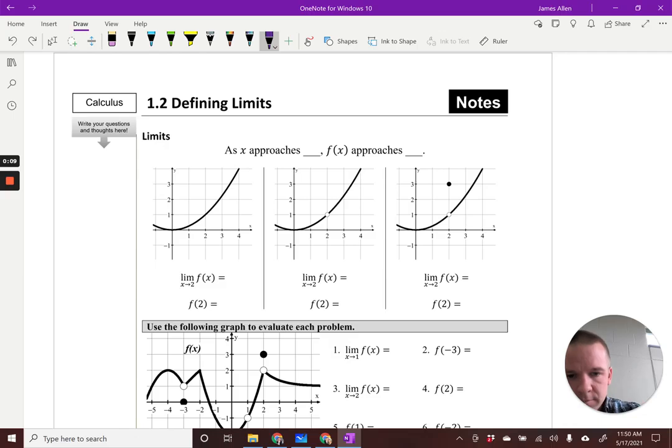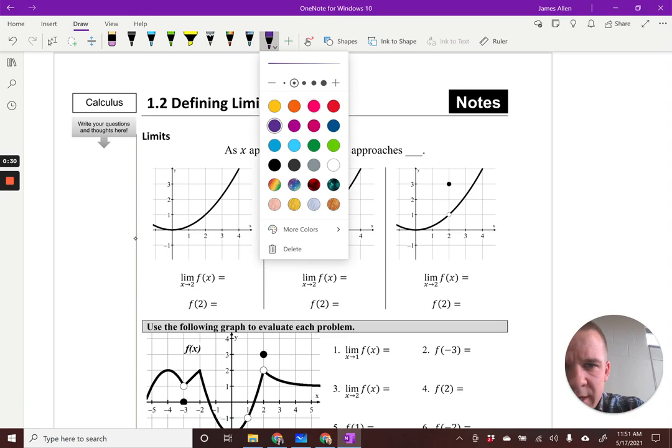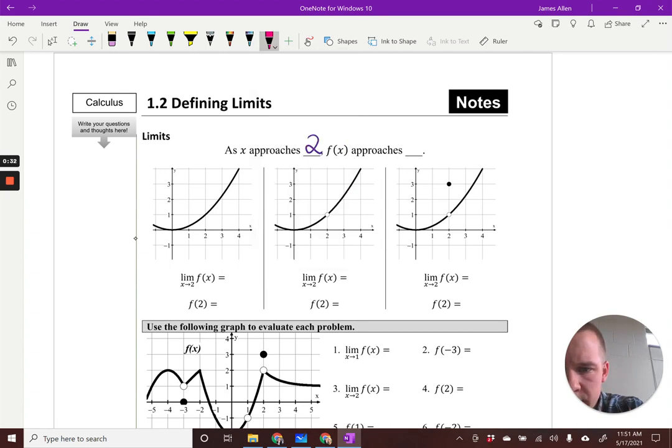So, get some new wonderful notation here. Let's read this first one. It says, the limit as x approaches 2. What does f of x approach? As we're going along here, if I were to trace this with a bright color, coming from the left-hand side, I'm approaching this spot right here.